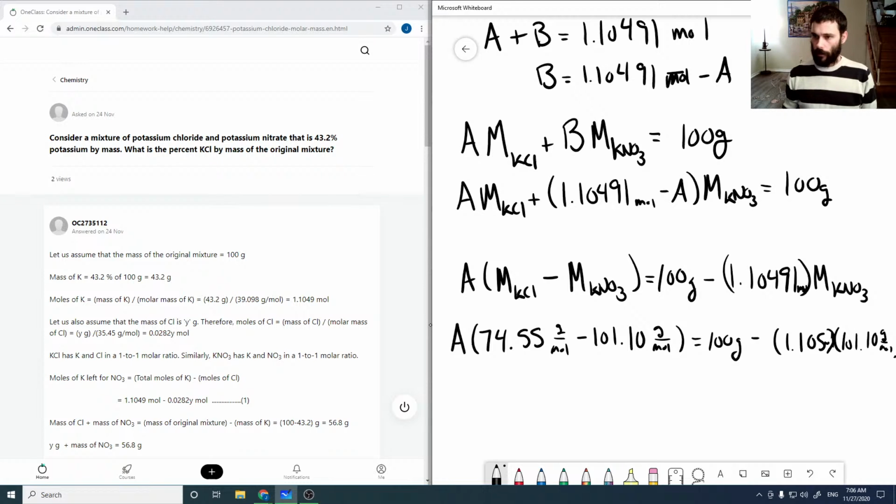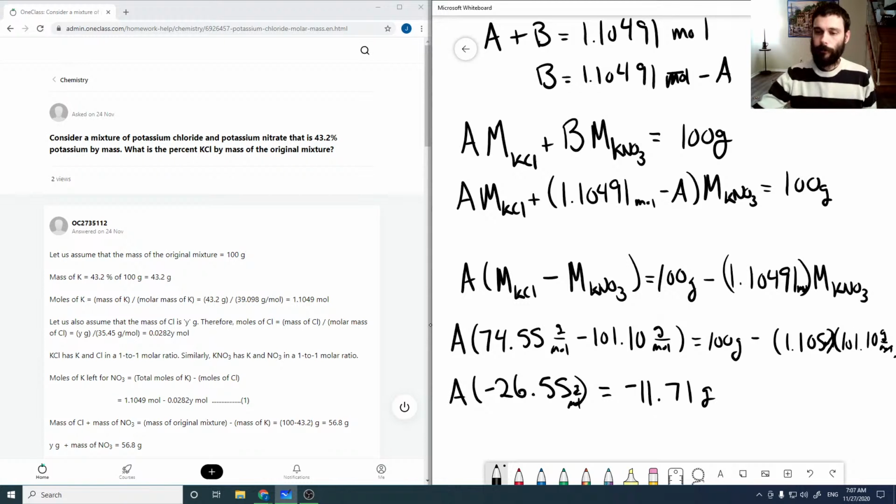All right, so the moles here will cancel, leaving grams. And then this here is going to be A times minus 26.55 is equal to, and on this side, if we do that through, minus 11.71, and that's in grams per mole.